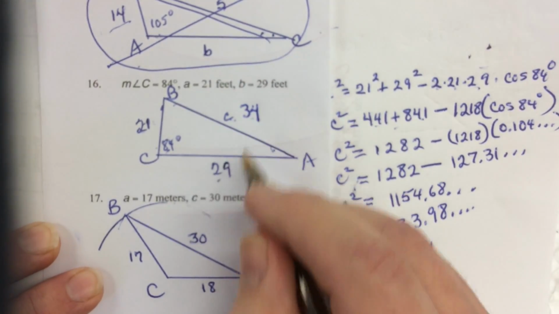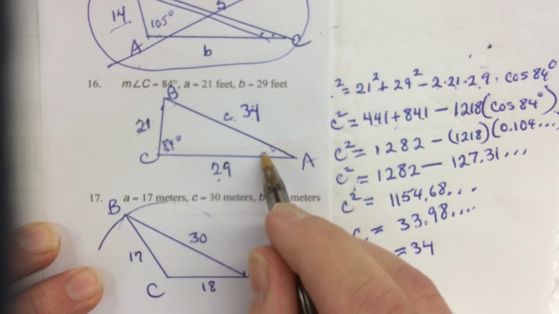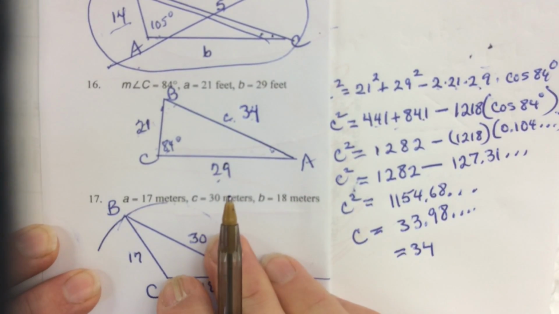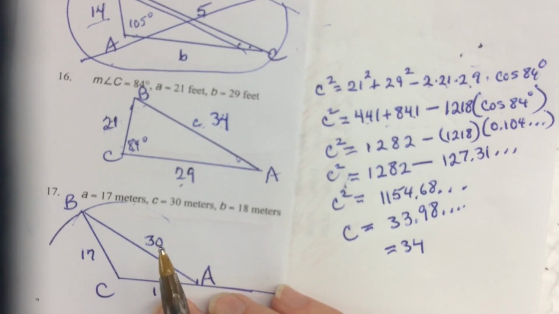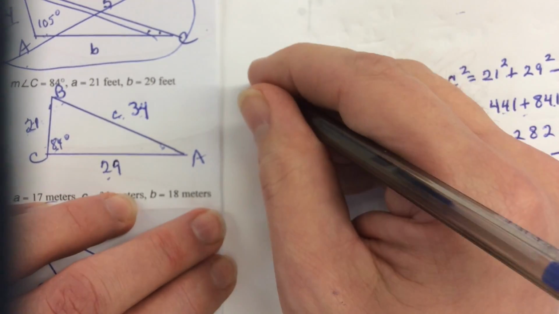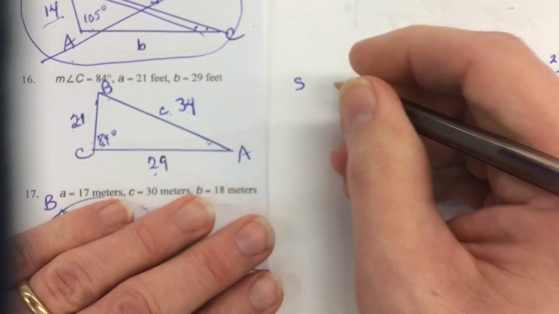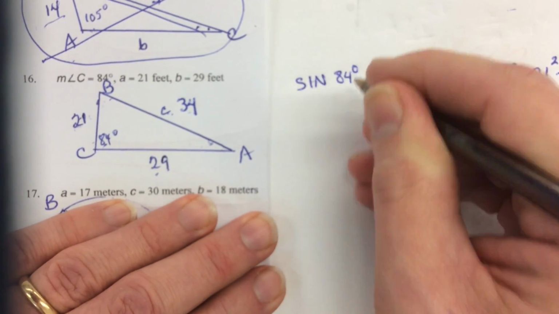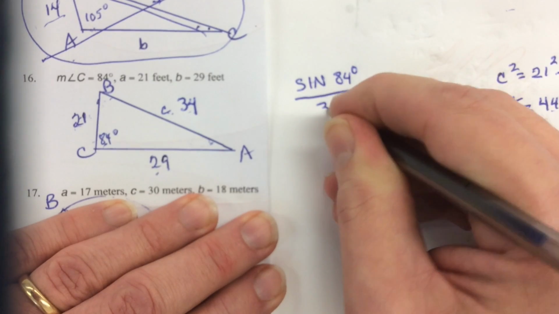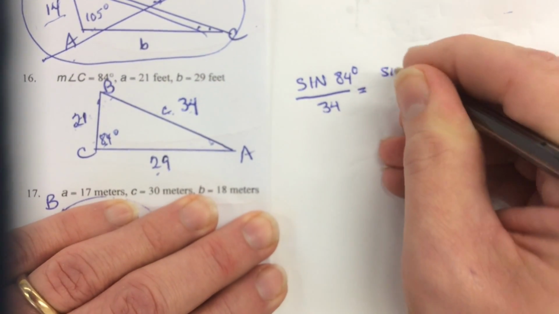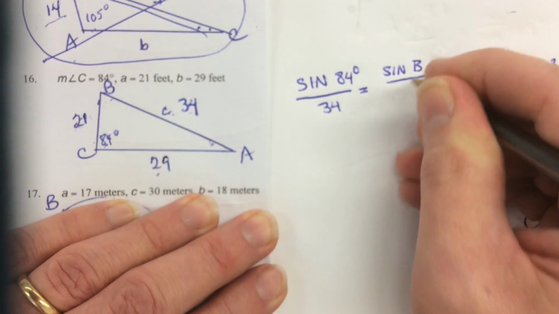Now we have this side, we have this side, we have this side, but we don't have either of these angles, and we still need to get that. This tells us that the sine of 84 degrees over 34 is going to equal the sine of b over 29.